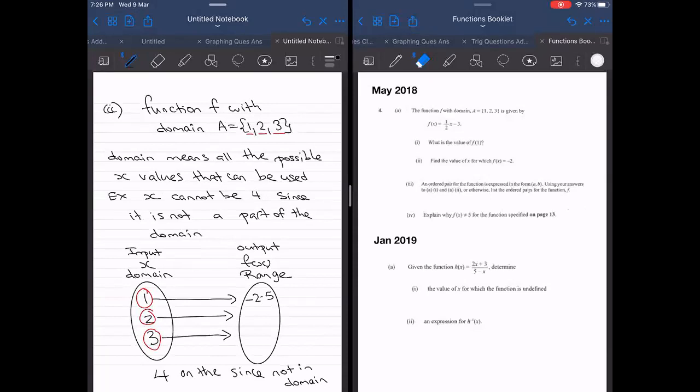So you'd have to know that domain means input. We're not finished with the question because we need to find 2 and 3. But is everybody seeing that 1 matches to minus 2.5?